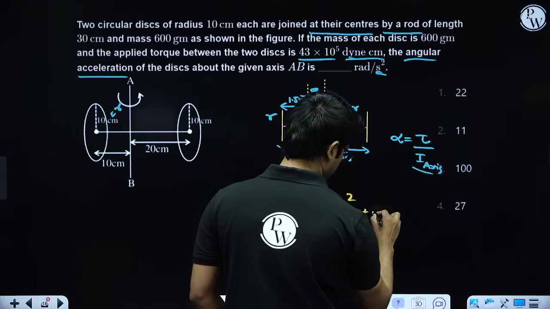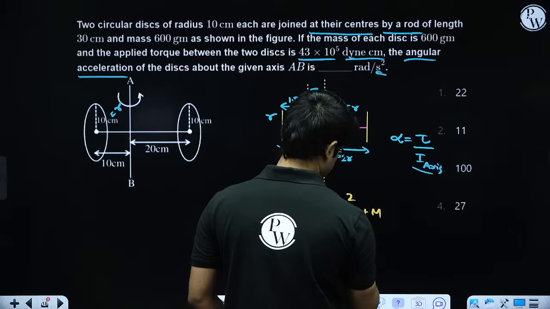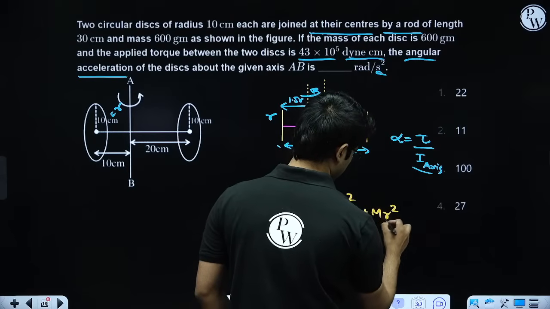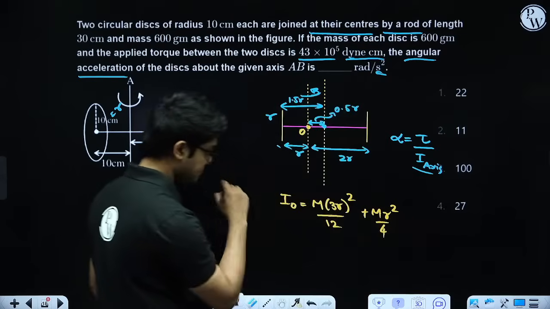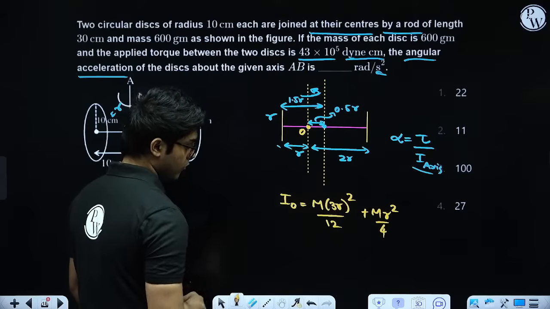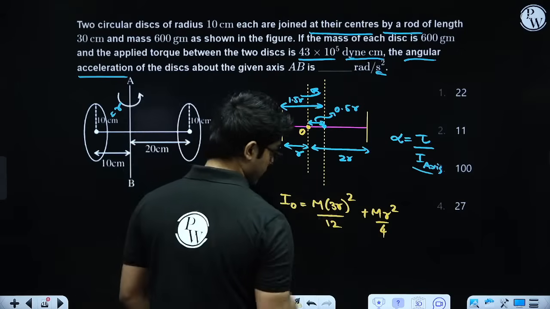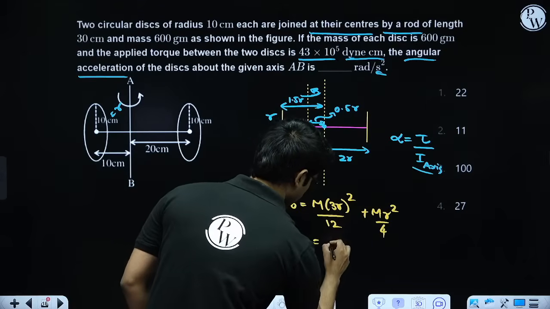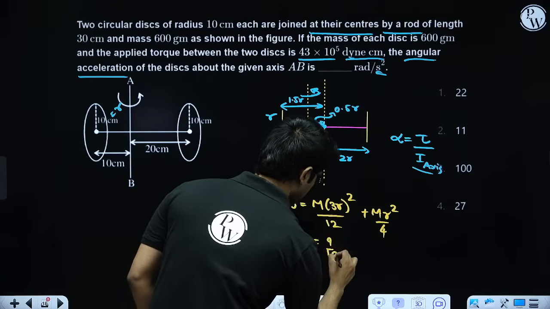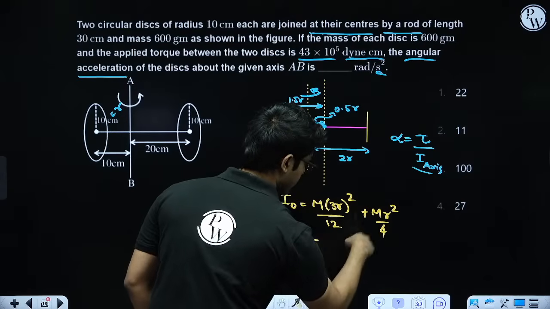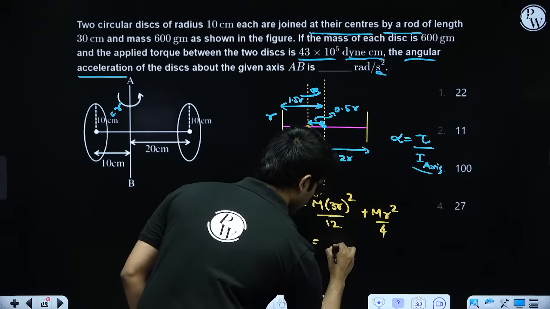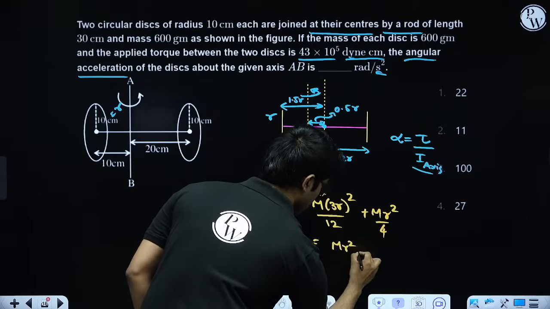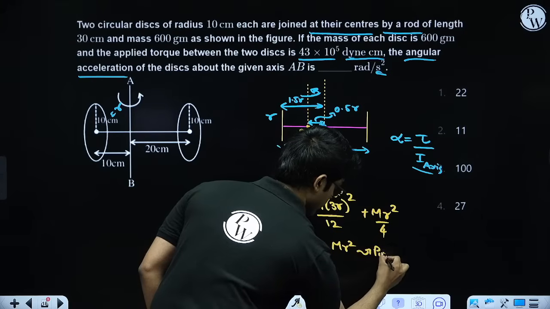So plus m into r square divided by 4. This is 9 by 12, which is 3 by 4. 3 by 4 plus 1 by 4 is 1, so this will be mr square. This is for the purple rod.